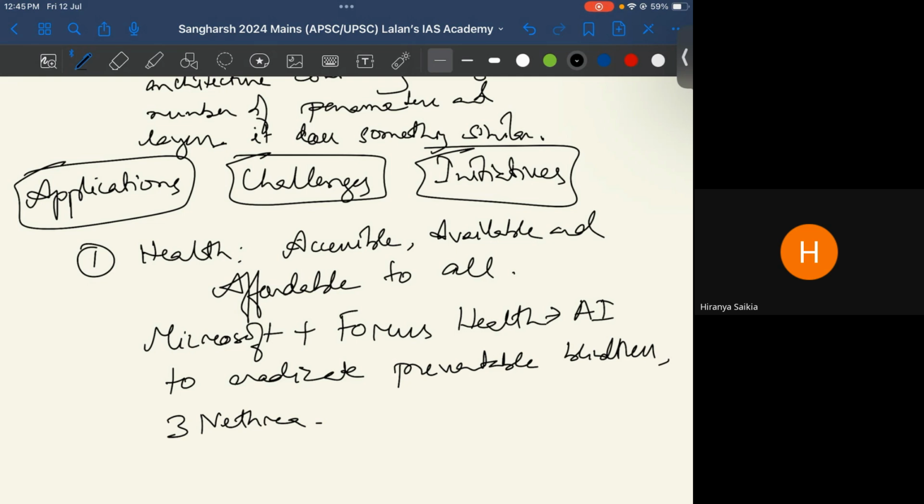Treatment, early detection, even training. The problem we have in health is that we are not able to have a sufficient number of beds in hospitals. During training, practical training was a difficulty, a challenge. If one learns only theoretically, AI and robotics can play a significant role in creating simulations.